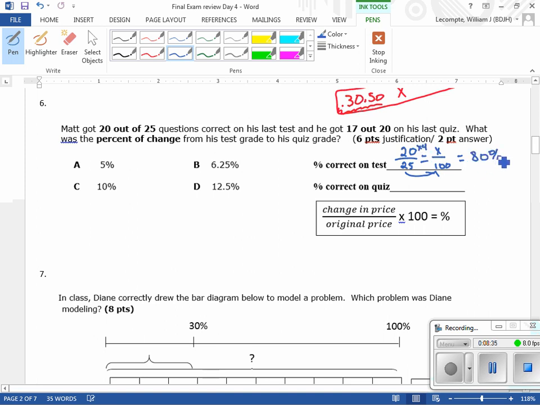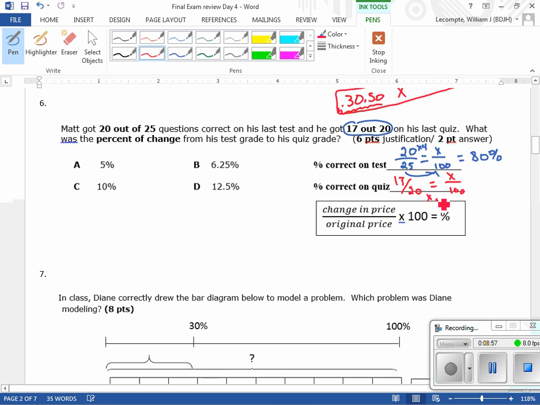Now on my quiz, I got 17 out of 20 right. I want to get to 100 again for percent. So how do I get from 20 to 100? I multiply by 5.